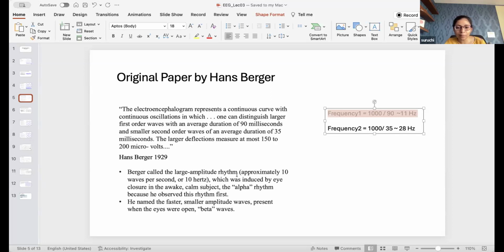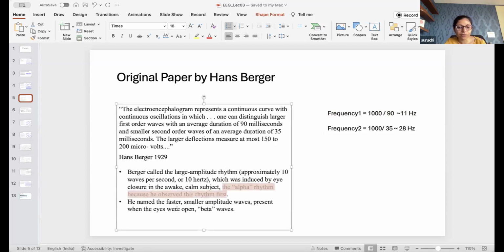He called the large amplitude rhythms, approximately 10 hertz, induced by eye closure in the awake, calm subject. The subject is awake, but eyes are closed. He called it the alpha rhythm because he observed this first. Then he named the faster, smaller amplitude, higher frequency one beta, present when the eyes were open, the beta wave.